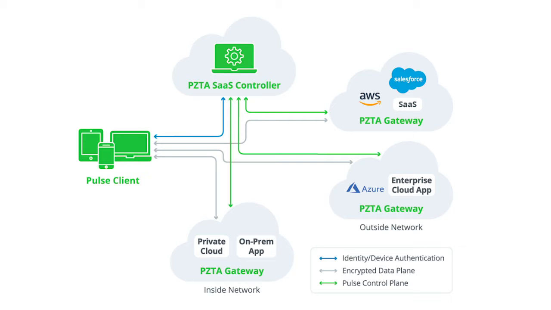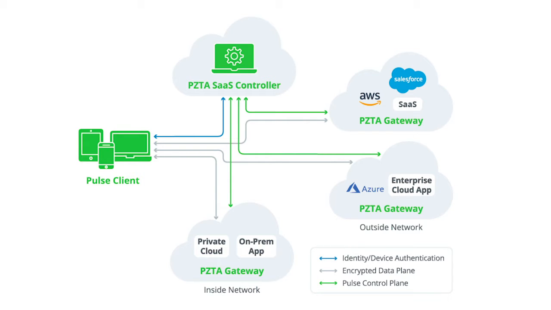And it is applying a zero trust model that allows the user to directly access applications and resources, whether they're in the data center or cloud, in a very easy way, but in a trusted way.